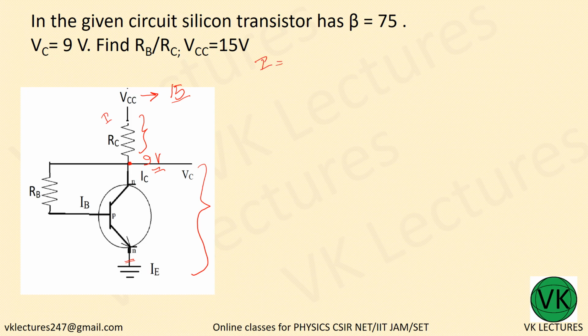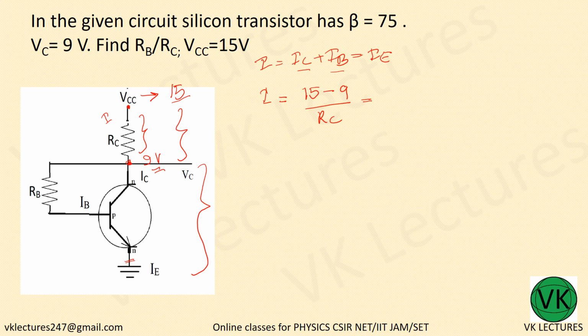So I, which is equal to IC plus IB, and what is that equal to? IE. Now what is IE? I is equal to this voltage drop across these 2 points divided by RC, right? So I is equal to IC plus IB, and you can write 15 minus 9 divided by RC.